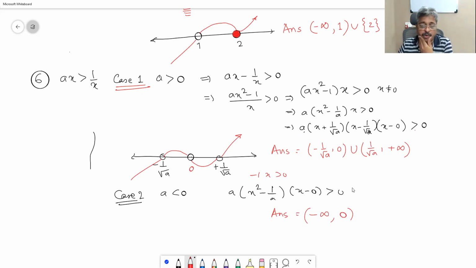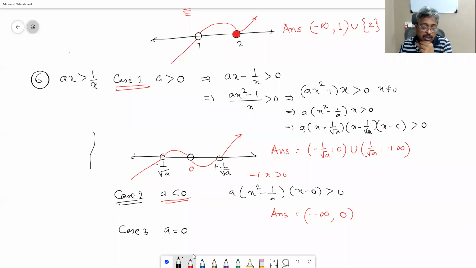So if a is less than 0, this is the solution set. And case 3, if a is equal to 0, LHS is 0.